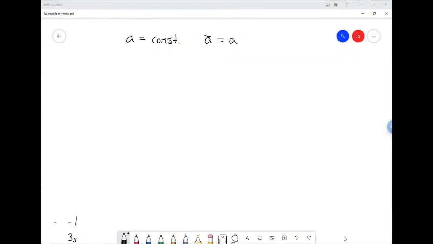But the reason we're doing that is because then we can say acceleration is equal to change in velocity over time, or final minus initial divided by t. Let me write that again. Final minus initial divided by t.